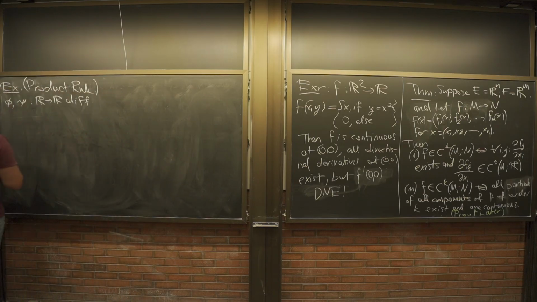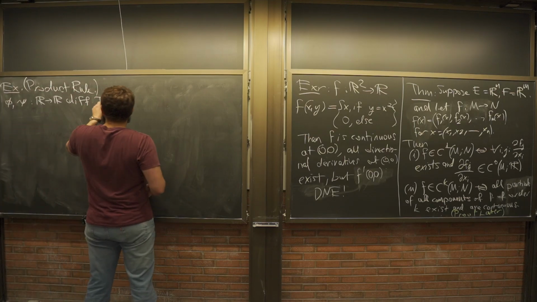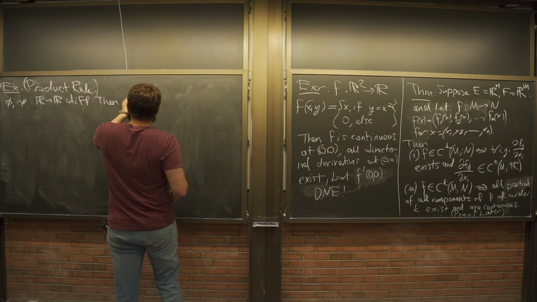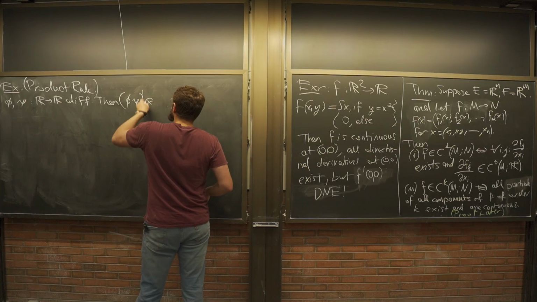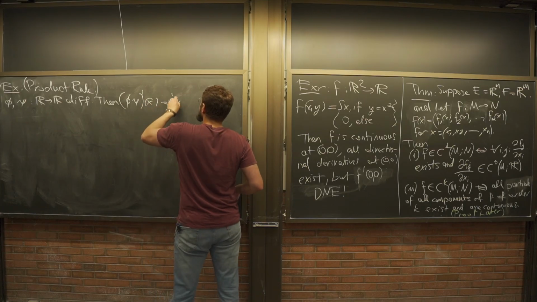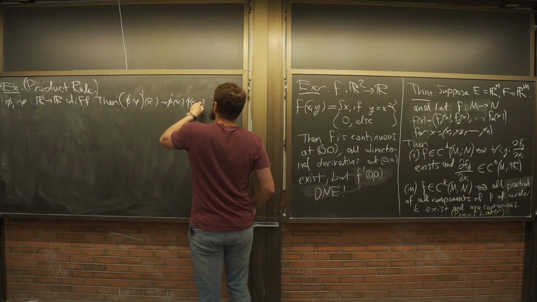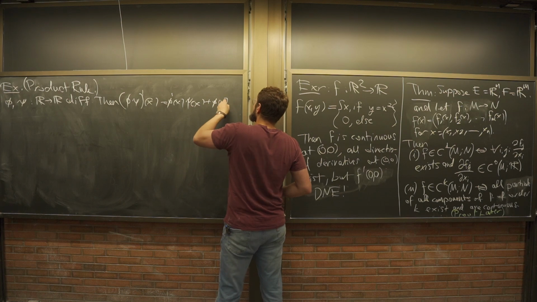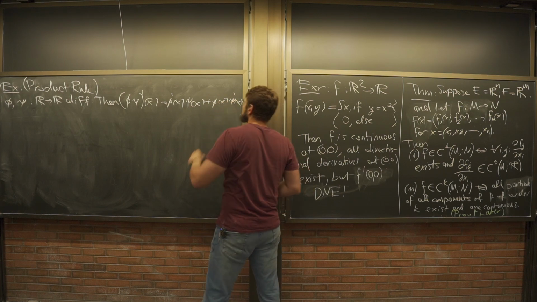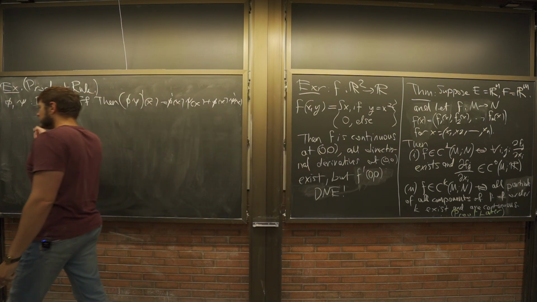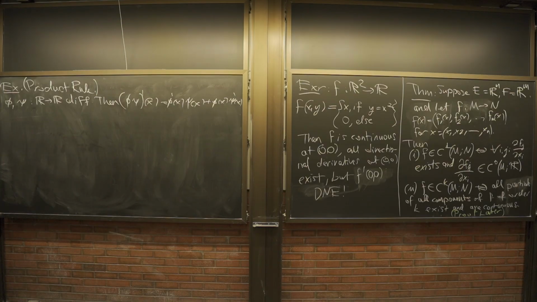Then their product too is differentiable. And indeed, the derivative has a specific formula: the derivative of the first one times the second plus the first one times the derivative of the second.